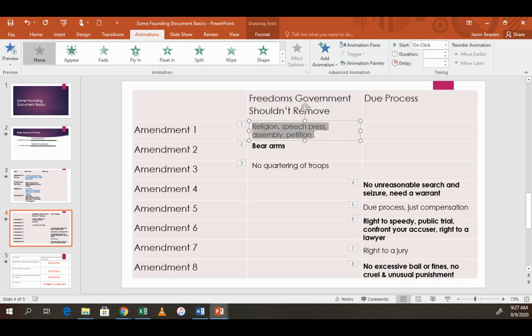The First Amendment says we should have the freedom of speech and the freedom of press, the freedom of assembly, the freedom of petition, that we should be able to worship however we want to worship. We should be able to tell the government what we want to tell the government, to write about the government what we want to write, to peacefully assemble outdoors or indoors, and to write to the government and ask for them to correct problems.